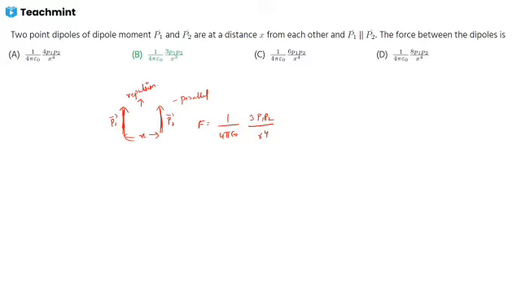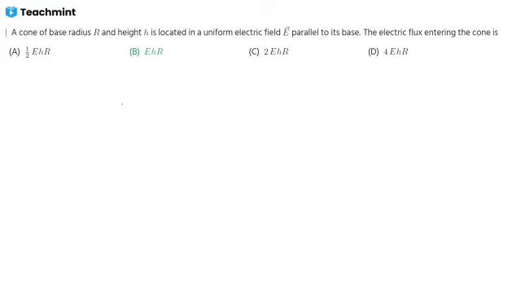Okay. Now next question. A cone of base capital R. See, just imagine a cone like this. Okay, its base radius, this one, is capital R, and its height is given as h. Is located in a uniform electric field, and that too, it is parallel to the base.